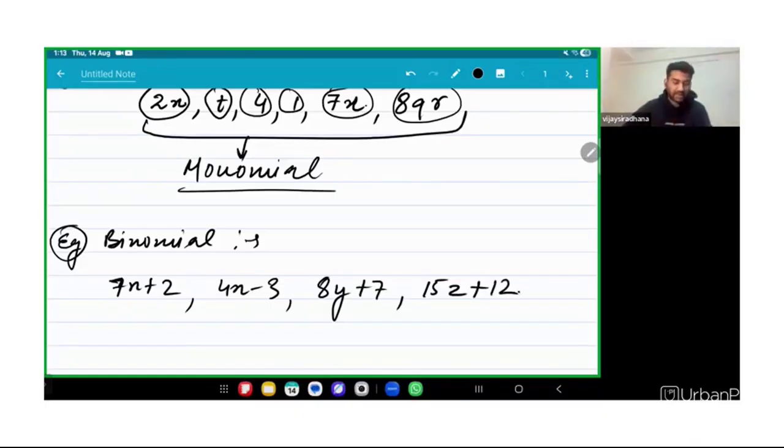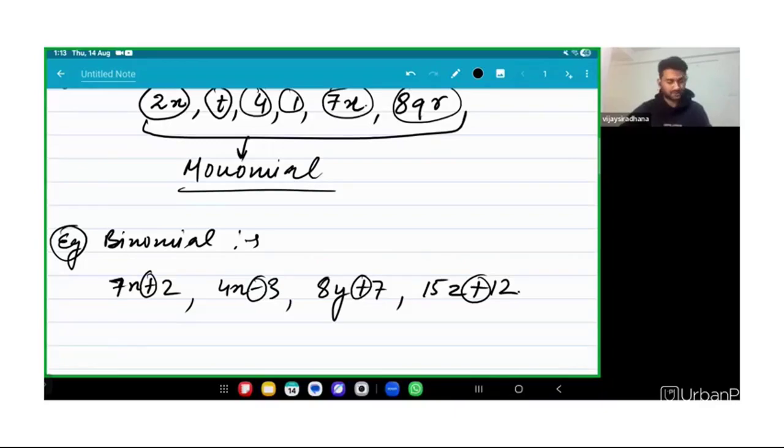You might see that in each equation or each polynomial, you will have one operation available. And this is the compulsion for the binomial terms.